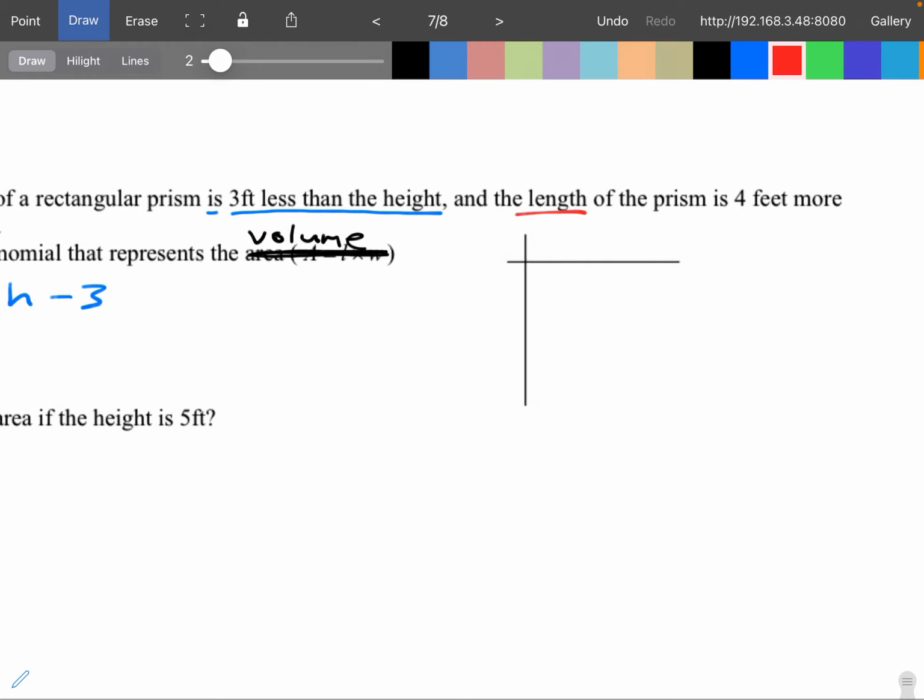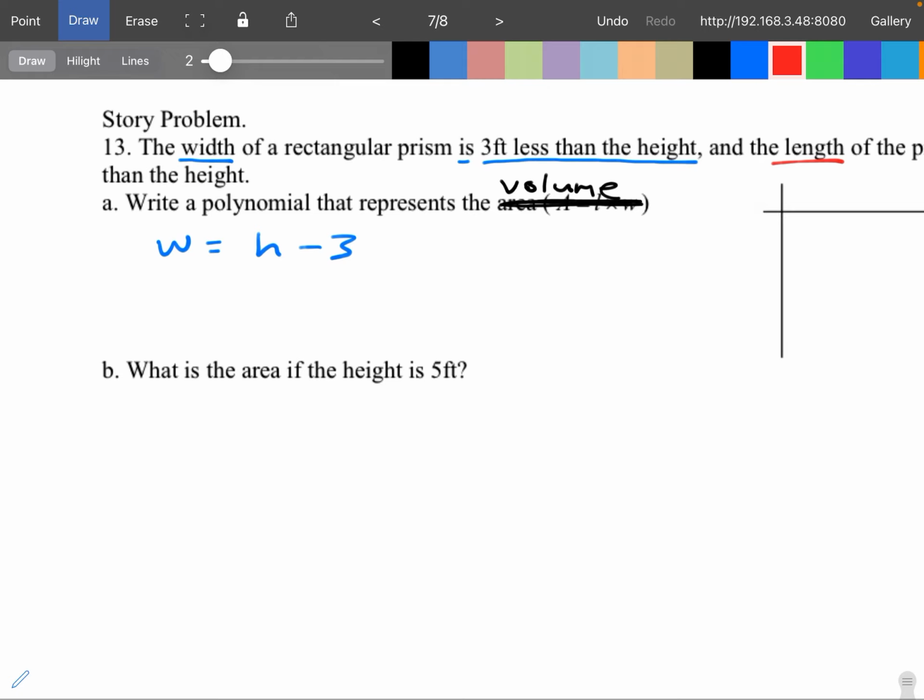And then the second part of it here, it says the length is 4 feet more than the height. So how do I write 4 feet more than the height? H plus 4. Good. That'd be the height plus 4. That's 4 feet more than the height.